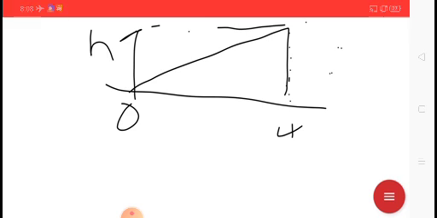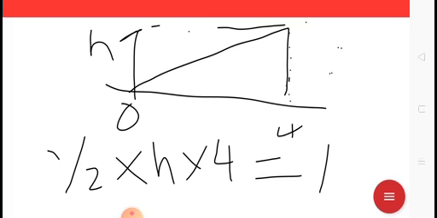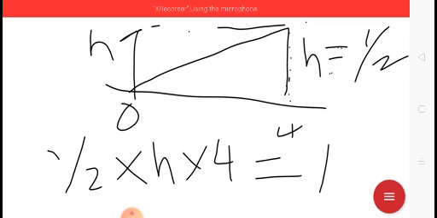So you find the area, 1 over 2 times the height times the width, equal to 1. Once you simplify, you should get h equal to 1 over 2. Very simple. You don't need to do integration, you just find the total area under the graph equal to 1.